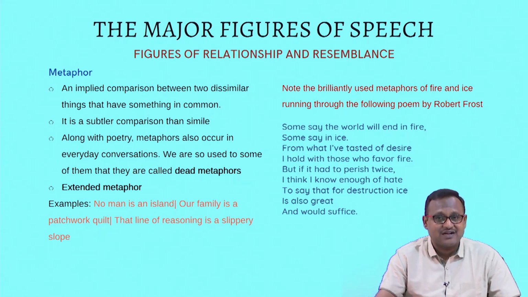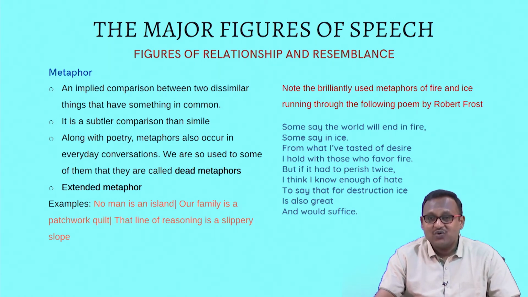Therefore, in that sense they are not similar, man and an island. So, you need to qualify that by adding something more. No man is an island is an extraordinary line by John Donne. So, that is how we say that two dissimilar objects are compared.